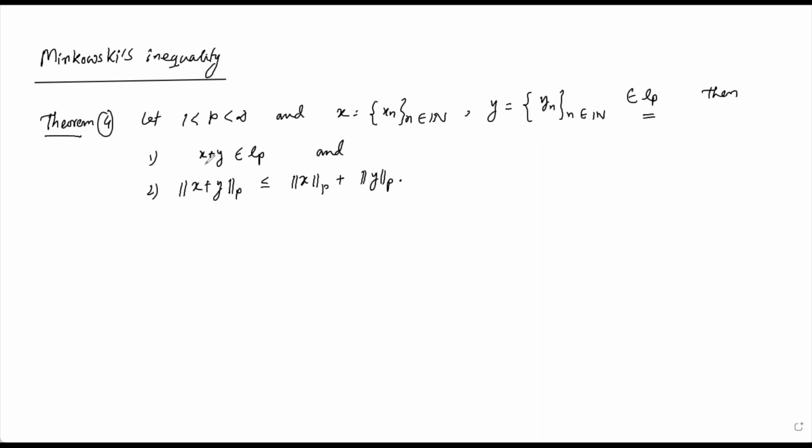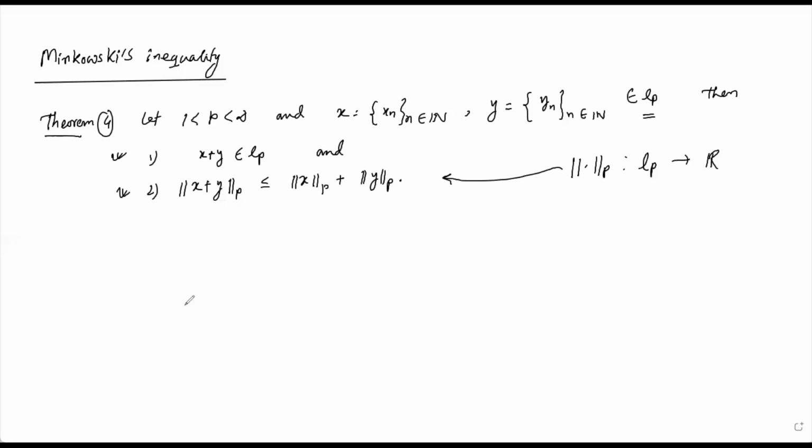Then x plus y belongs to l^p, and the p norm of x plus y is less than or equal to the p norm of x plus the p norm of y. The first item implies that l^p is closed under addition, and the second item implies that the p norm function from l^p to the set of all reals satisfies the triangle inequality in l^p.